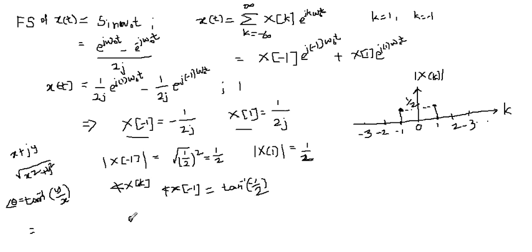Or we can find it even in this way. X of minus 1 is equal to minus of 1 by 2j. As it is minus of 1 by 2j, we know j contributes 90 degrees. J is contributing 90 degrees.